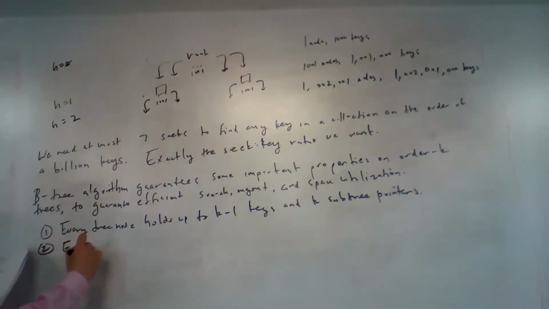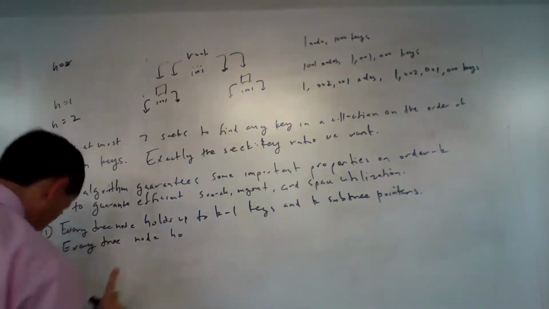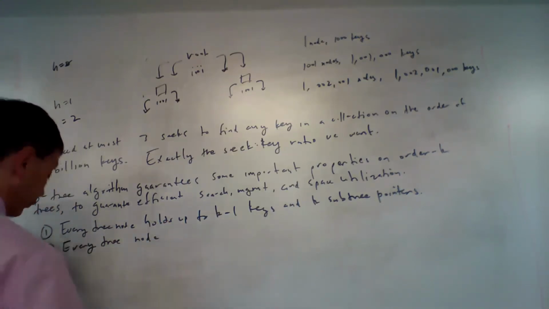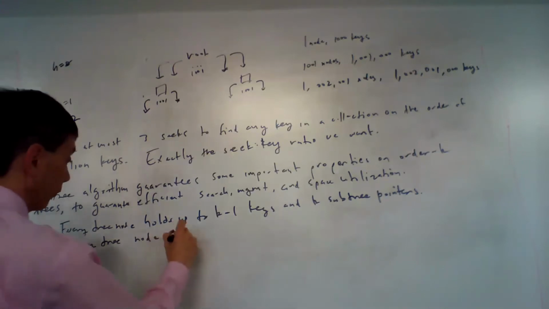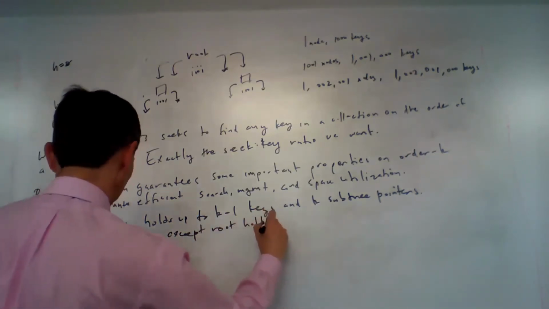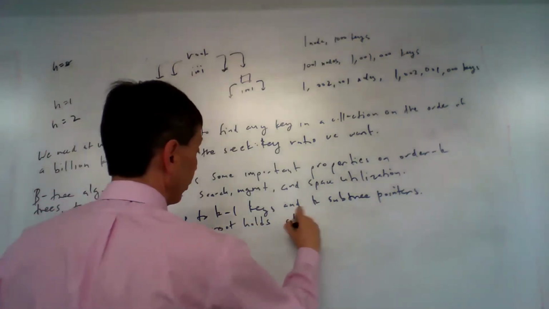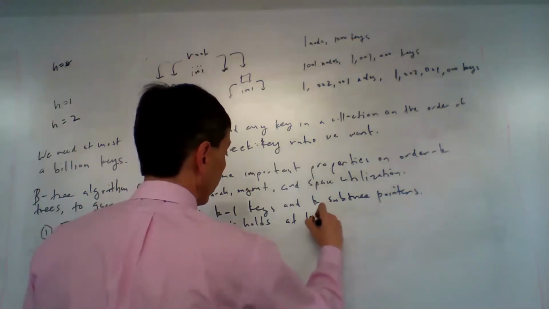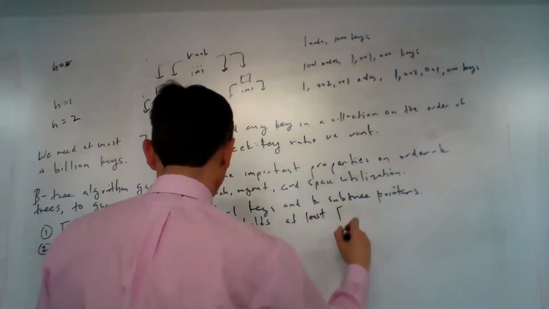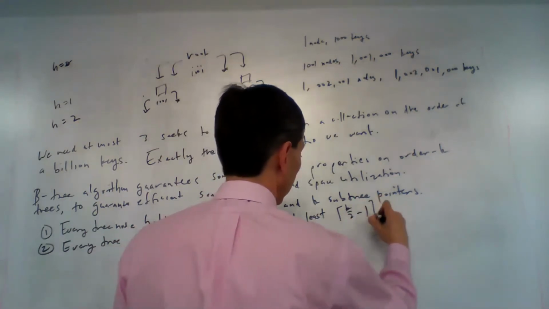Every tree node, except the root, holds at least the ceiling of k over 2 minus 1 keys.